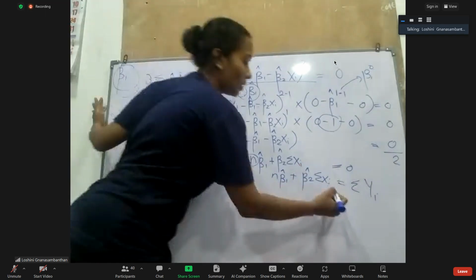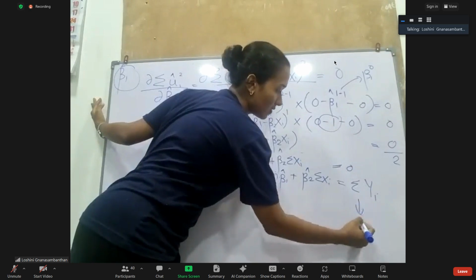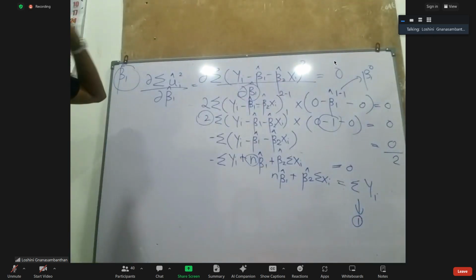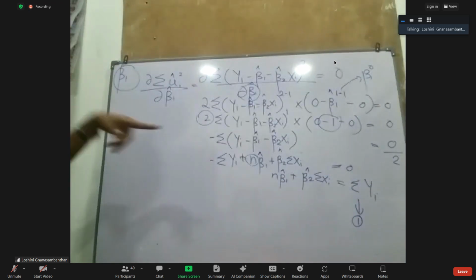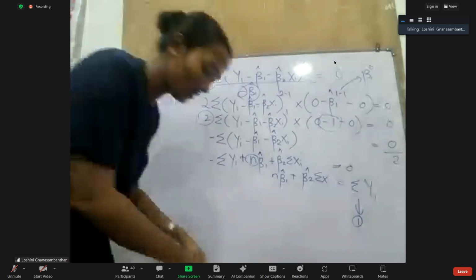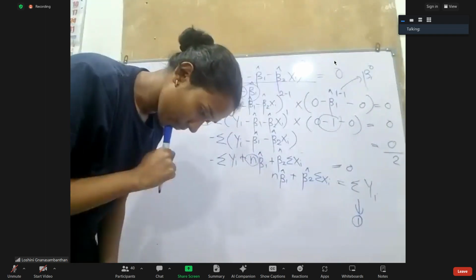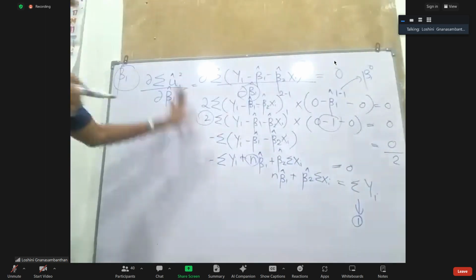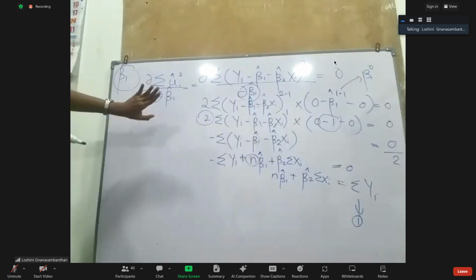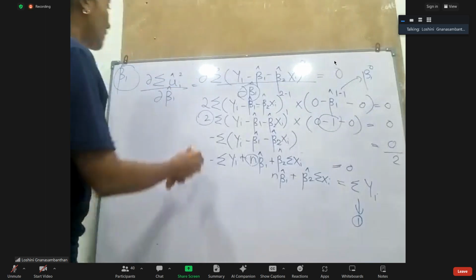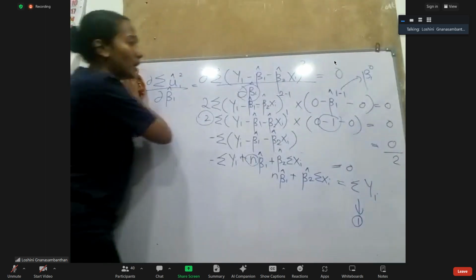Okay, so take this as the first stage, right? We are going to do it in the way of simultaneous equations, right? So this is the first equation. So this came from what? This came from the partial derivative of beta 1. Next we are going to do the partial derivative of beta 2.